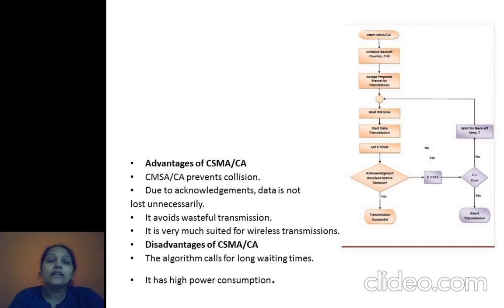These are the advantages of CSMA-CA. It prevents the collision, and second, it gives the acknowledgement, so the receiver does not lose data unnecessarily. Third thing, it avoids wasteful transmission, because it finds out whether the channel is idle or busy.